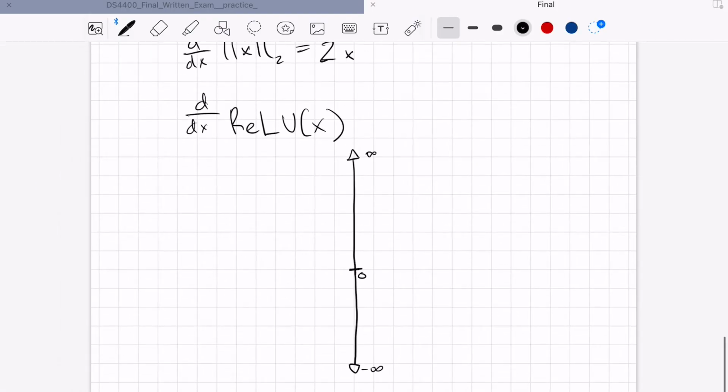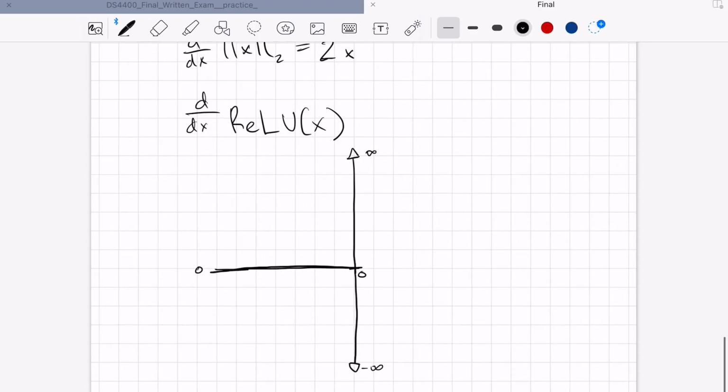What the ReLU function does is, if x is negative, then it looks like this. For all negative values of x, if I plug in a negative x, ReLU gives me a 0 value. However, if I give ReLU a positive number, then it just gives me back the number itself, so it looks like this.